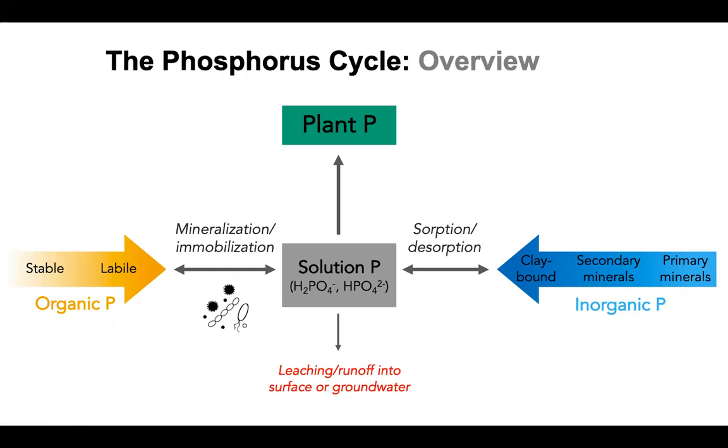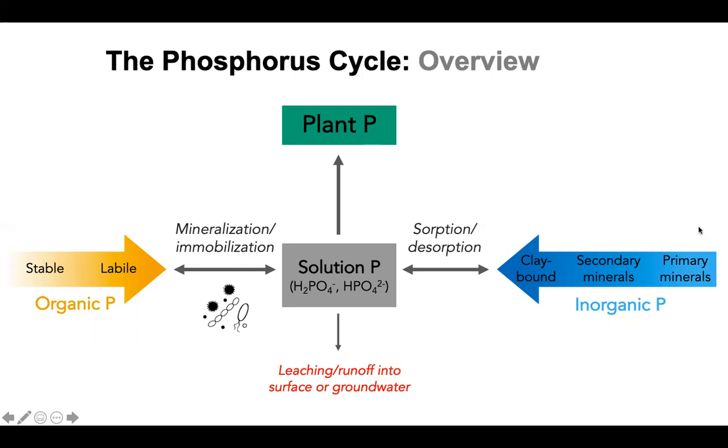Then, similar to nitrogen, that phosphorus can be mineralized and immobilized, again a microbial process, and it comes into what we call solution phosphorus. And that solution phosphorus is what plants can take up. Now, when it comes to phosphorus, there's a pretty significant role of chemical sorption.